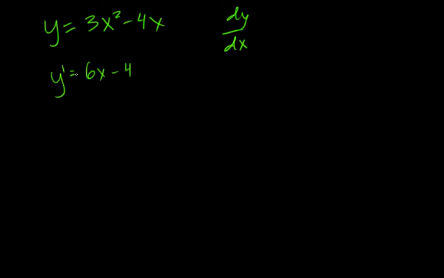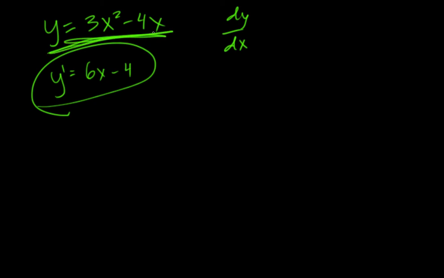Okay. And this is a function that will tell us the slope at every single point of this function. So once again, this tells us the tangent slope of every single point on this function.